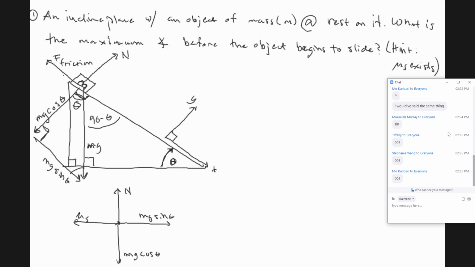Mu sub s times n, right? So now we apply Newton's second law. Sum of the forces in the x direction, sum of the forces in the y direction. In terms of x and y, it's just right minus left, right? So what's your right facing force?